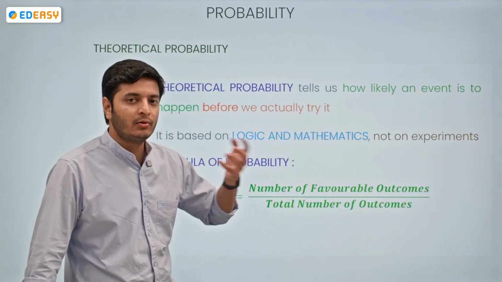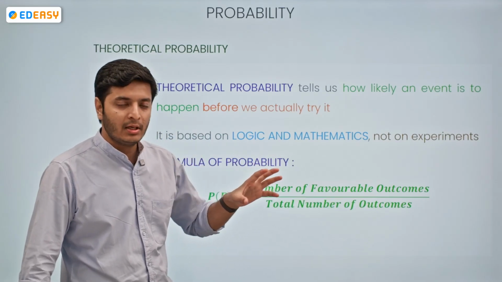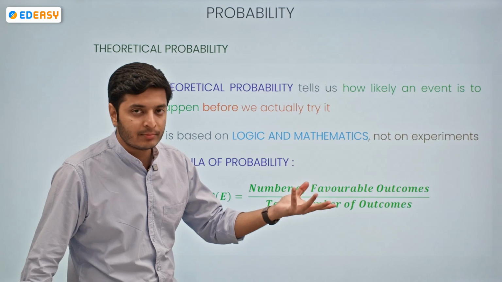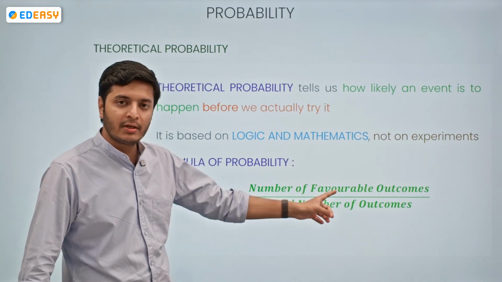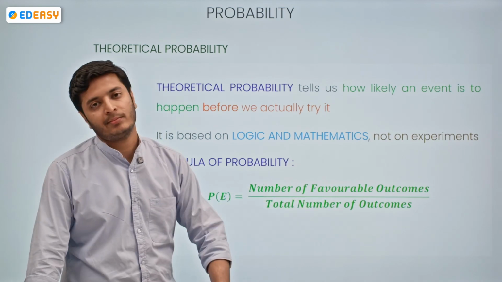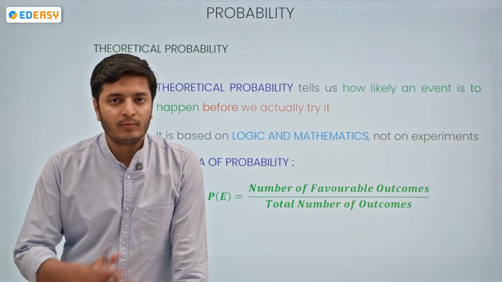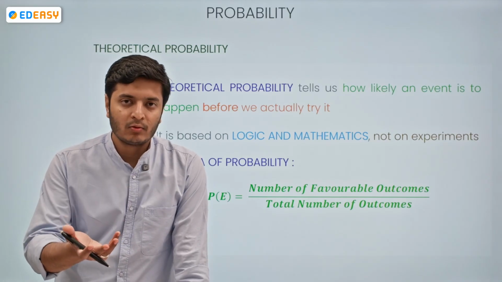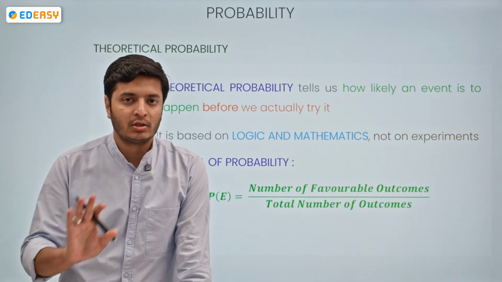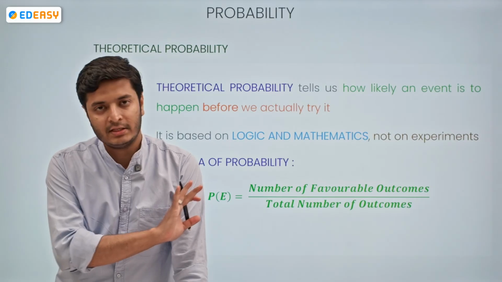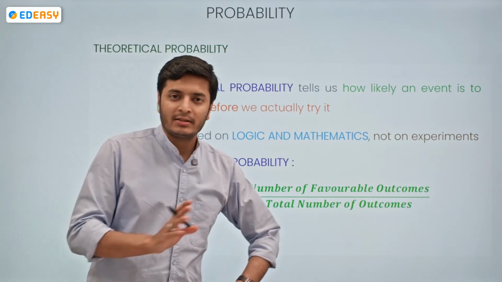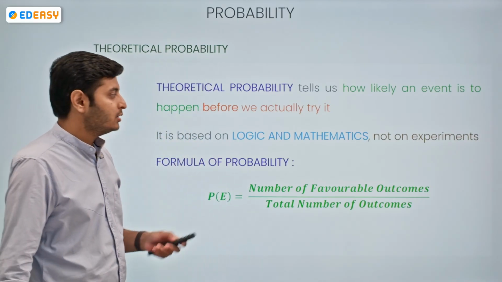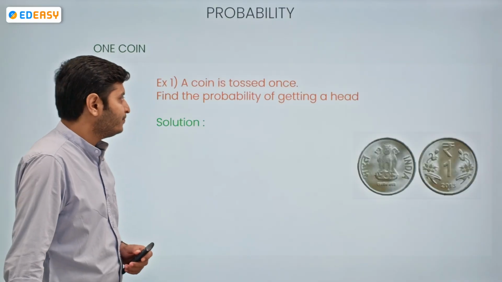Suppose we want to find the probability of something, then what are the favorable outcomes? We write that number here, divided by the total number of outcomes. Out of the total number of outcomes, what are your favorable outcomes? That number divided by the total number of outcomes is your probability. Very easy. You're going to understand this when we see some examples. Let me show you that.